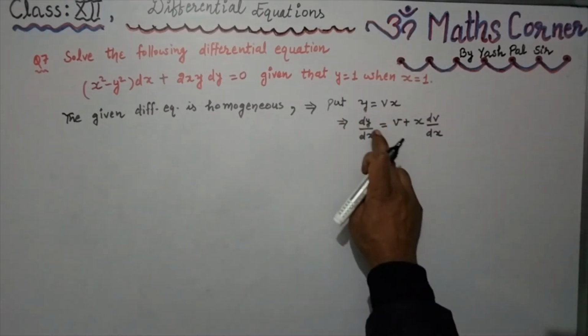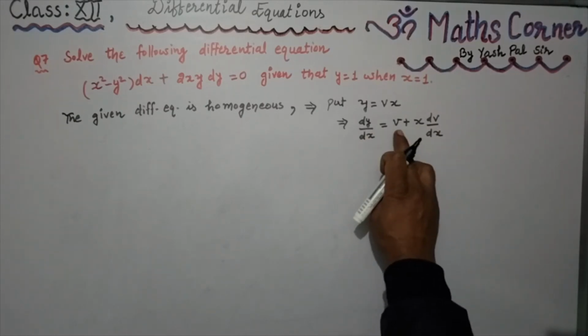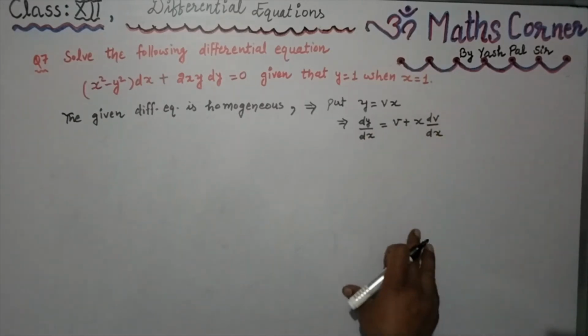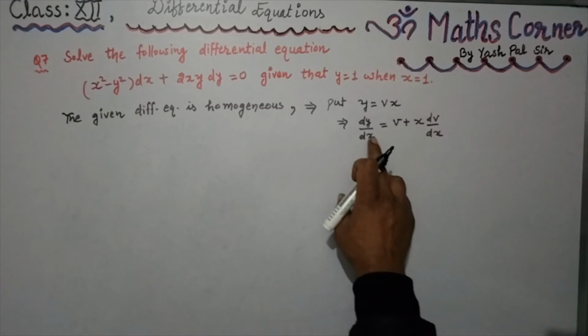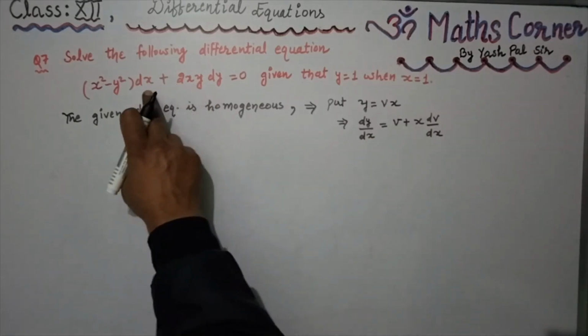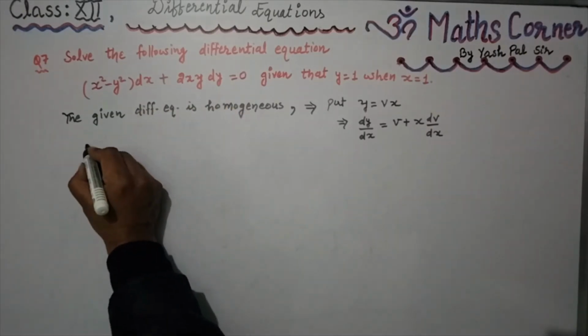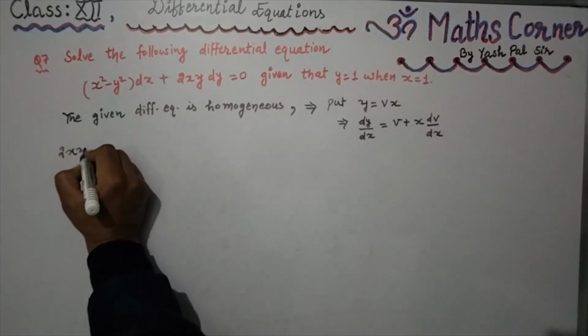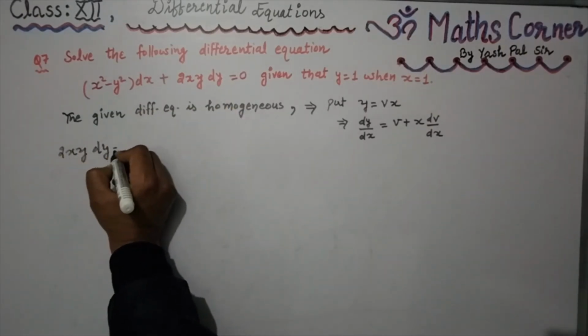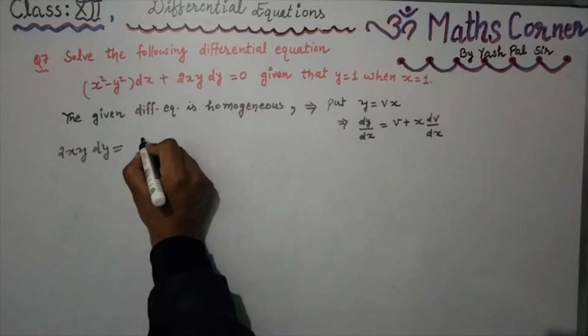If this is a homogeneous differential equation, so what we do? The given differential equation is homogeneous. It means we substitute y is equal to vx. So dy upon dx becomes v plus x into dv upon dx. So first of all, we have to convert this equation into dy upon dx form.